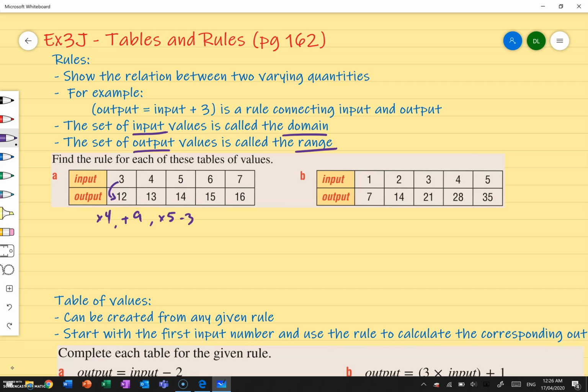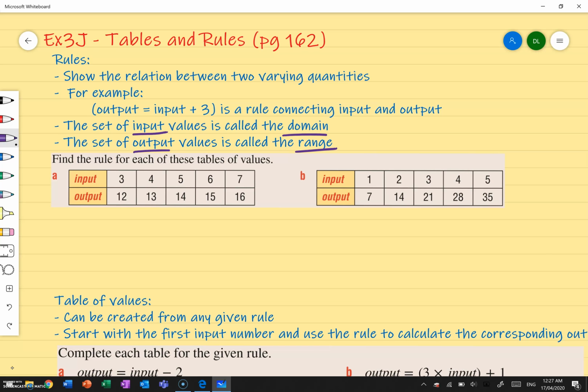So how do I get from 4 to 13? Because if I say it's just times by 4, 4 times 4 is actually 16, but this is not 16, it's 13, right? So it's not times by 4. We need to find a rule that we can put in and actually calculate the output from here.